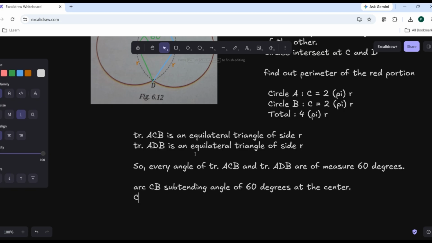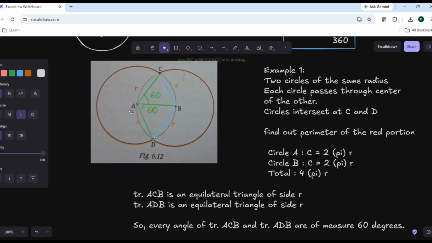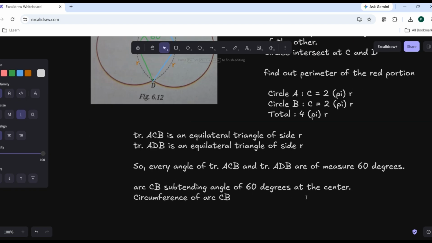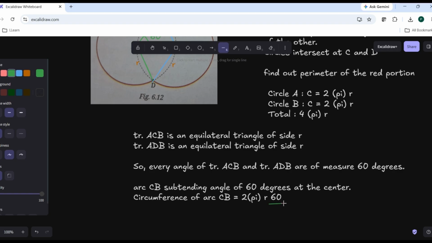Circumference of arc CB. Now here, this is arc CB, BD, AD, and AC, right? So the circumference of arc CB will be 2 pi r into 60 by 360.